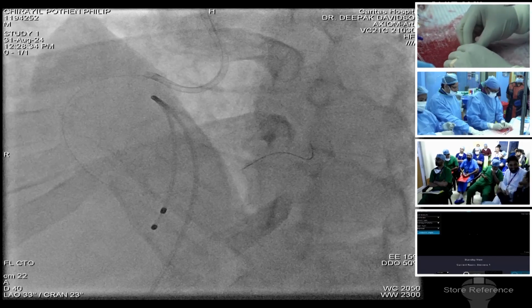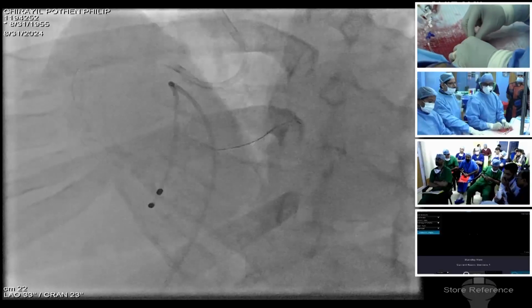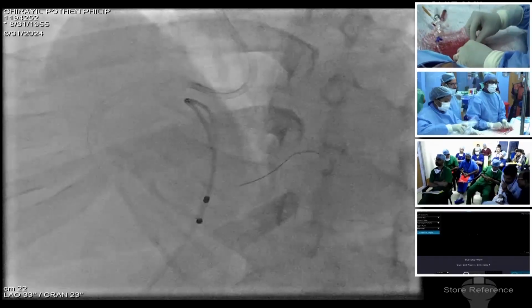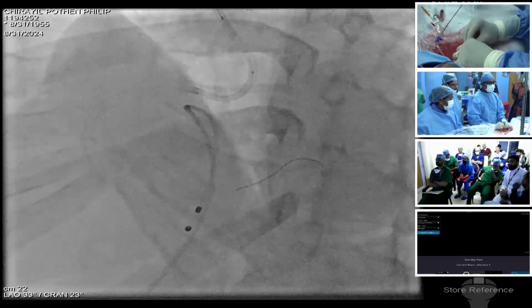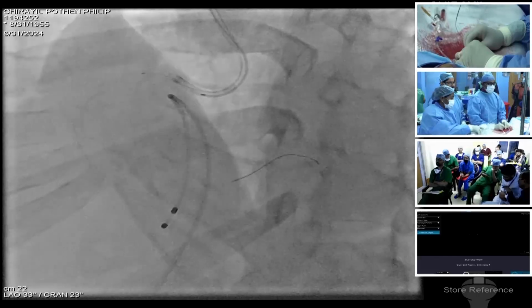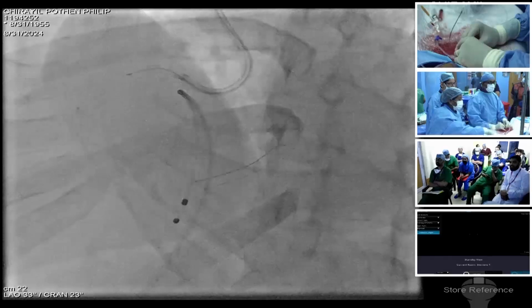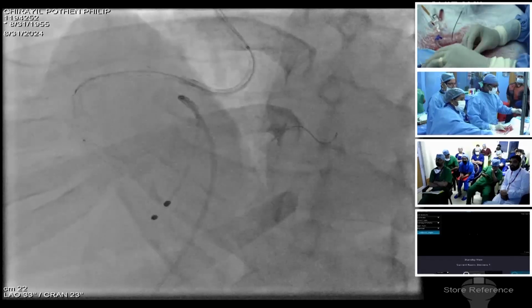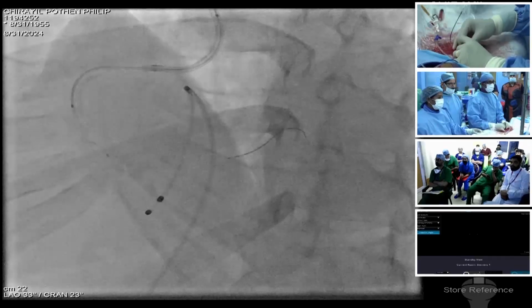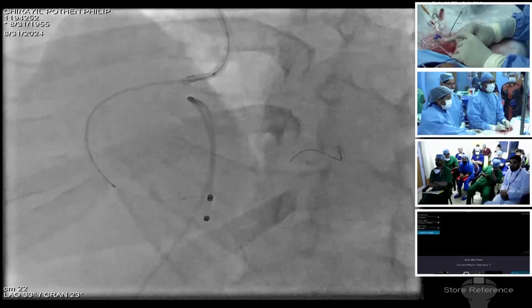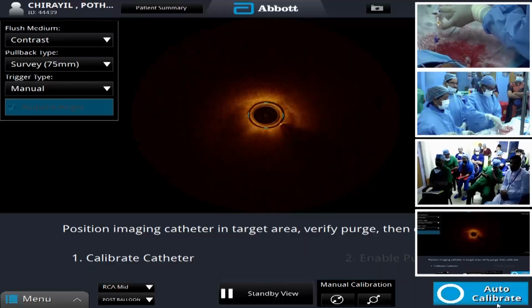A small purge. Okay, now the pressures are good. That's the OCT catheter. Okay, we are ready with the catheter.